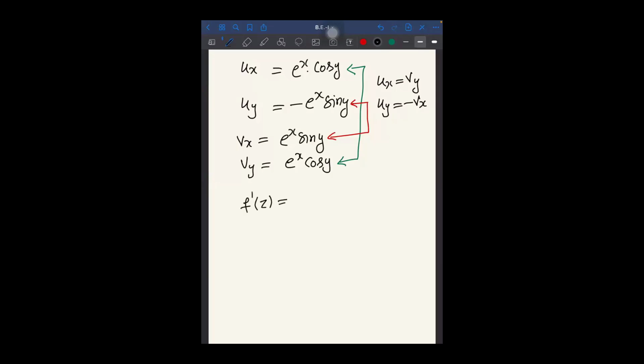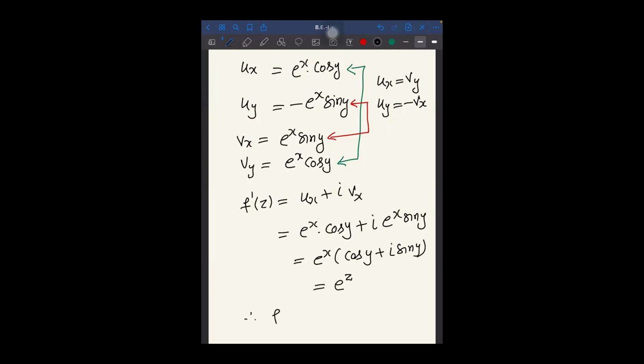And their differentiation can be defined in this way, which I probably haven't discussed. But the differentiation can be defined as u_x plus iota v_x. And what is your u_x? e^x cos y plus iota. What is your v_x? e^x sin y. So if you think of this, this will be the same as your function, right? So that is e^z again. So that's how you prove that the derivative of e^z is nothing but e^z.